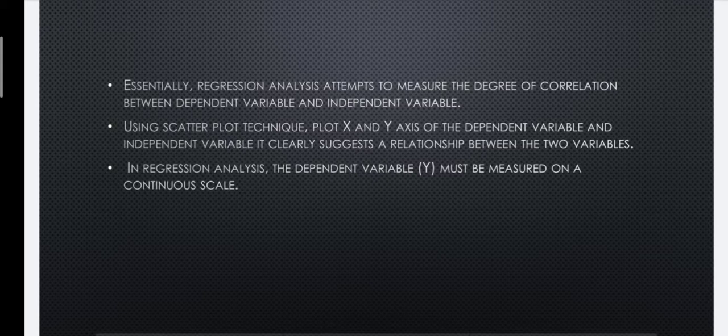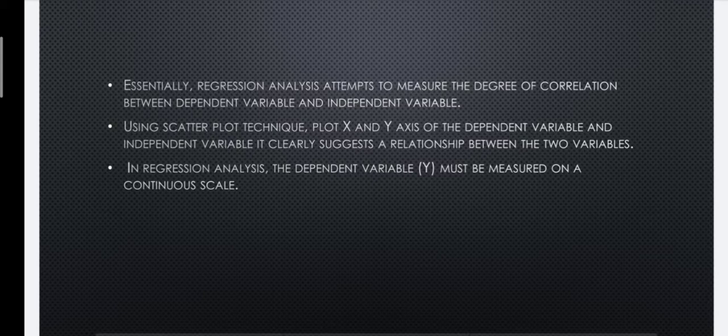Okay, if the data ataupun the points create the linear line on your scatter plot, so we can suggest that the two variables having relationship. So whether it is strong or weak or moderate, we can test using the correlation test.